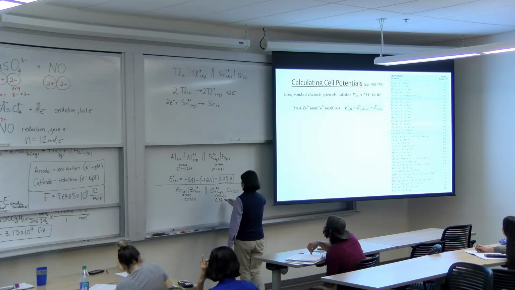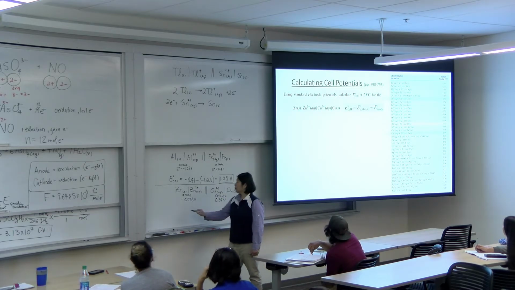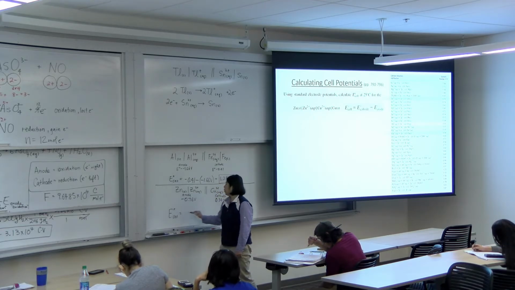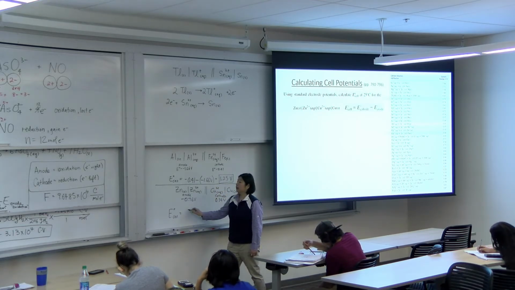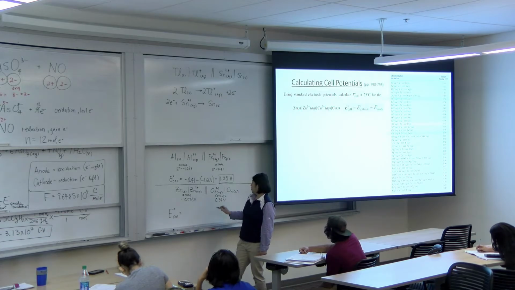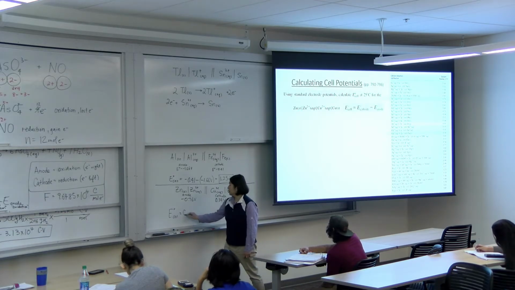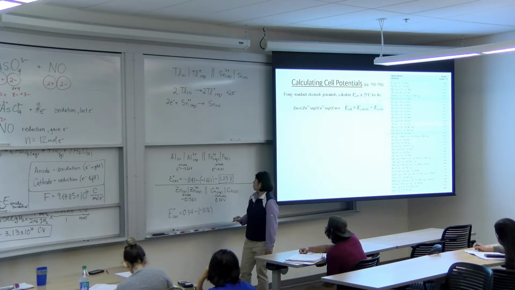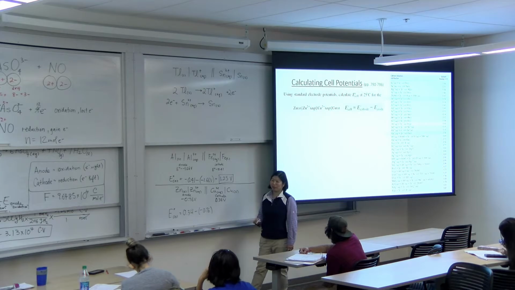Okay. So again, our E cell is going to be what? 0.34 minus a minus 0.76. Or plus 0.76.